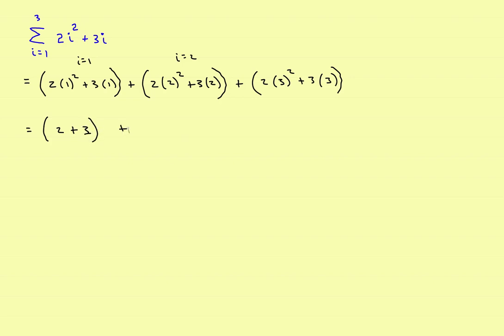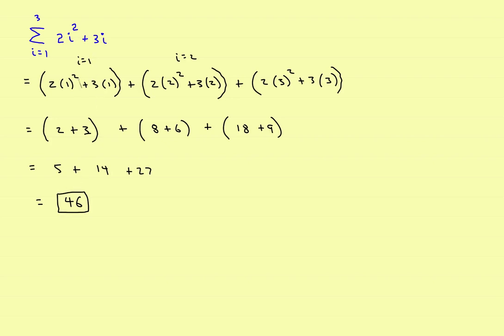And then you're going to add that to, this would be 4 times 2 would be 8 plus 6. And then you're going to add that to, 3 squared is 9 times 2 is 18 plus 9. So that will turn into 5 plus 14 plus 27. And for a final answer, then add those together and you would get a 46.